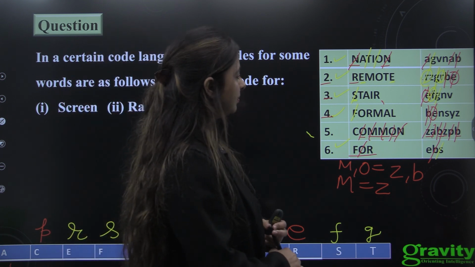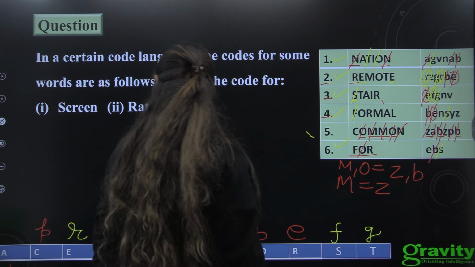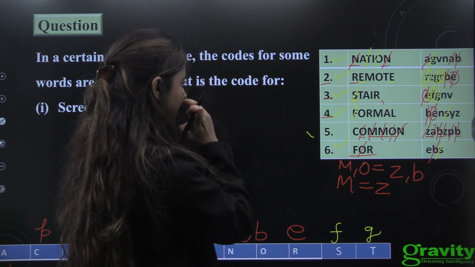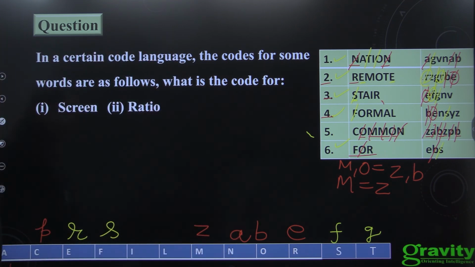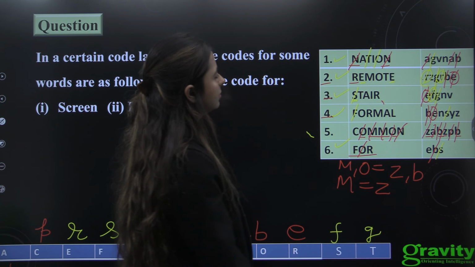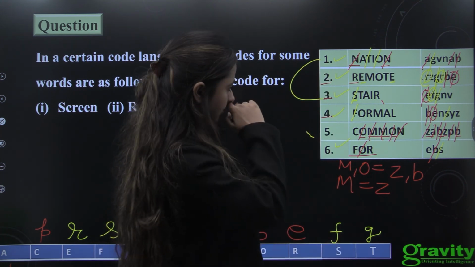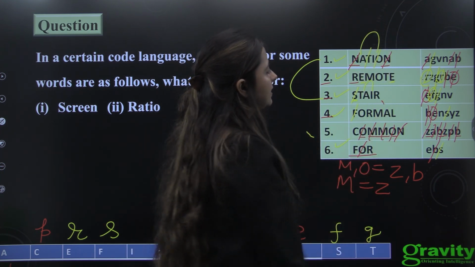For L, we have got S here. Y, Z and N are left. Okay. Look for A now. Common in 1 and 3. A and I in nation, A and I in stairs.